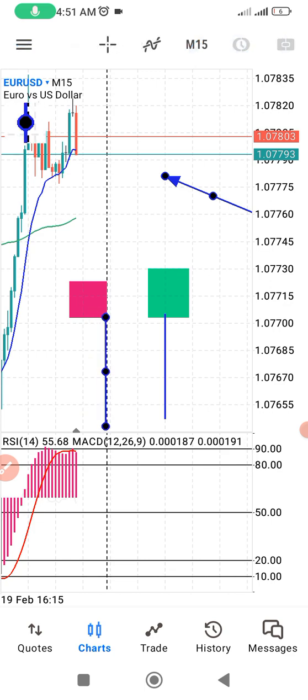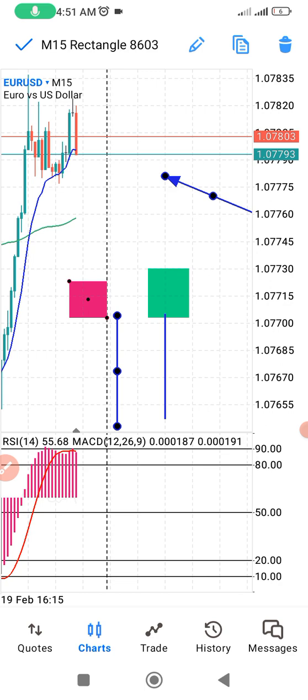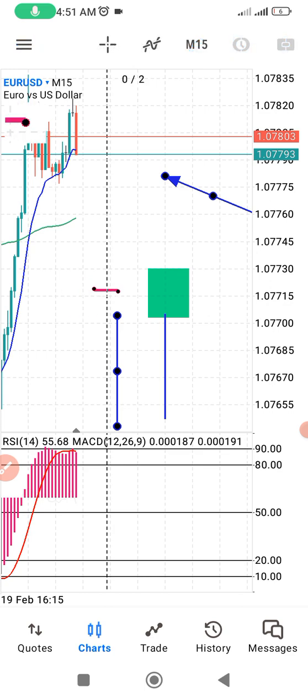And anywhere you have double of this, you find 2 of them side by side, it is a better entry. When you find these 2, it's a more precise confirmation.